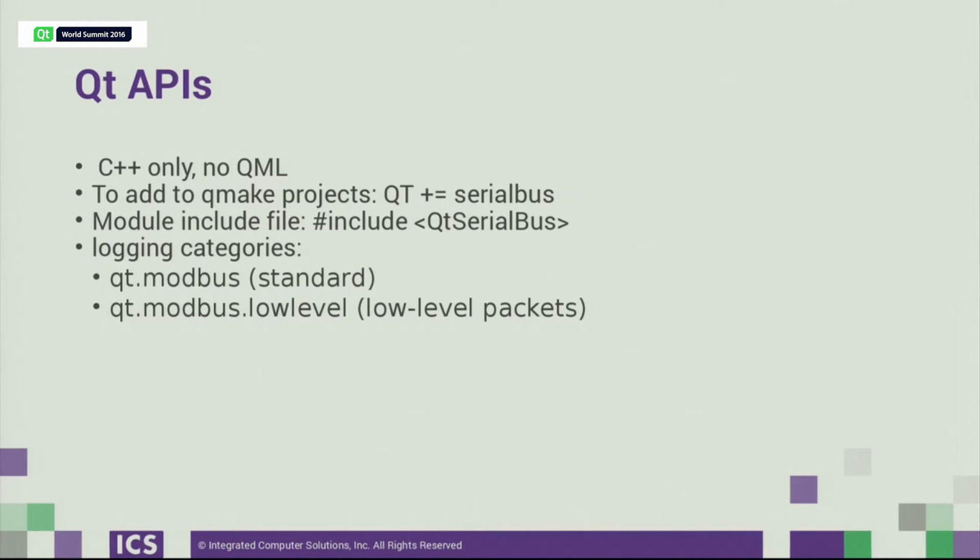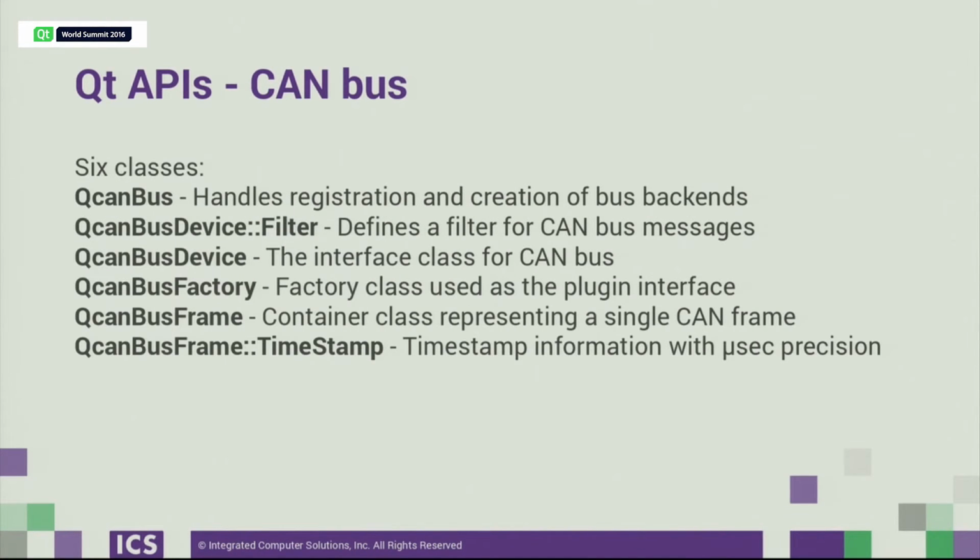To use the module from your QMake project, you need to add the serial bus module, and there's a module level include file, QtSerialBus, as well as the includes that correspond to each of the classes. So for CAN bus, there are 6 major classes here that I've listed that are pretty straightforward, and we'll talk a little bit more about these as I get into some example code.